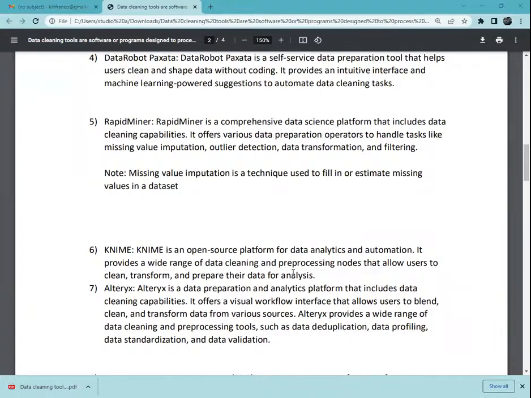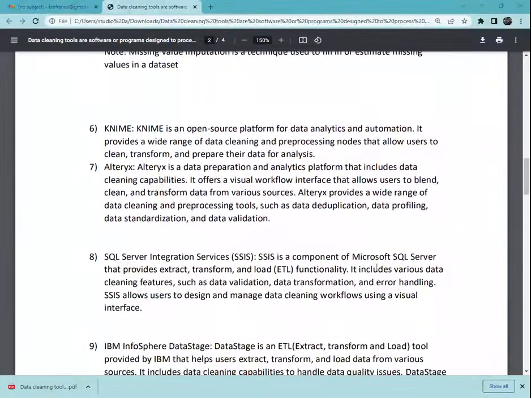Alteryx is a data preparation analytics platform that includes data cleaning capabilities. It offers a visual workflow interface that allows users to blend, clean, and transform data from various sources. Alteryx provides a wide range of data cleaning and pre-processing tools such as deduplication, data profiling, data standardization, and data validation.